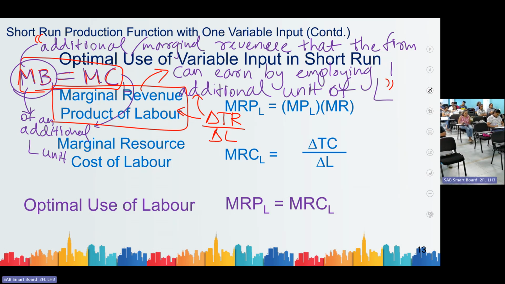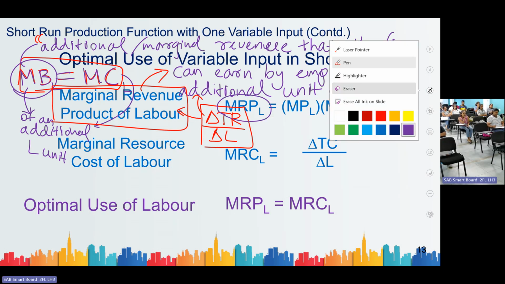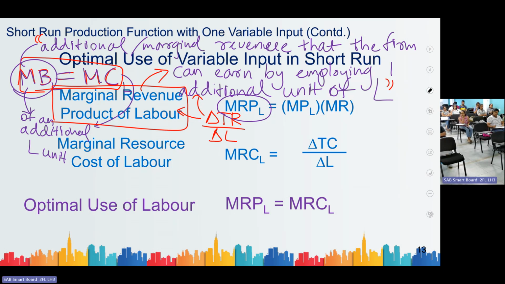This is the basic formula for marginal revenue product of labor. In abbreviation, we call it MRPL.